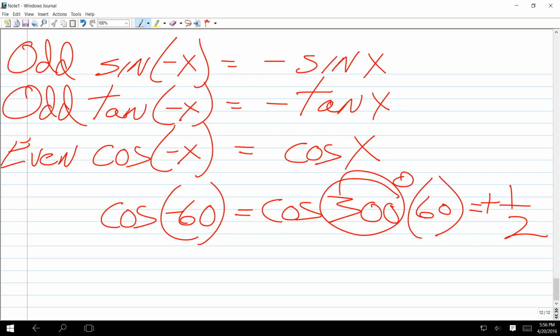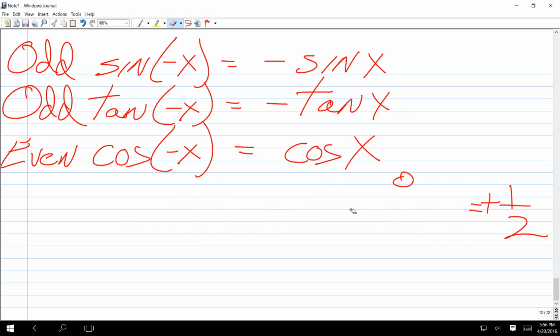Well, what about for the other ones? They share this property. In other words, cosecant has to be odd also. Cotangent has to be odd. And secant has to be even. In other words, you can't have cosine being even and secant being odd because they're reciprocals of one another.